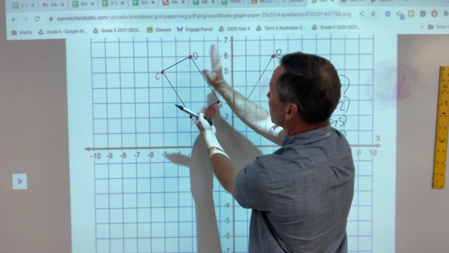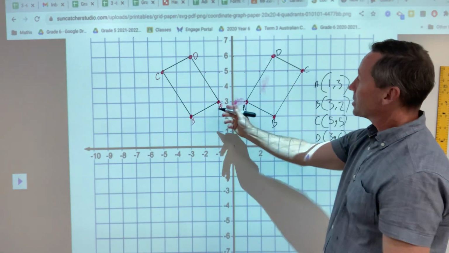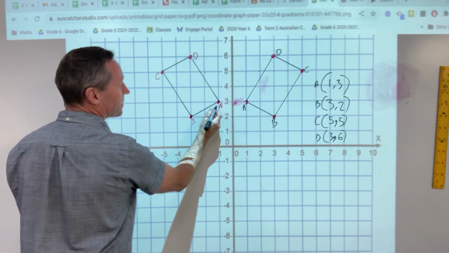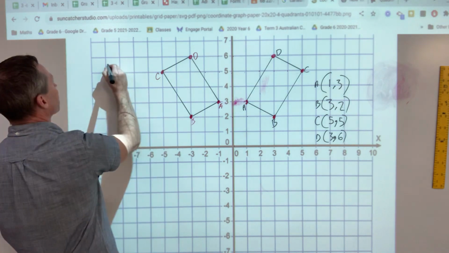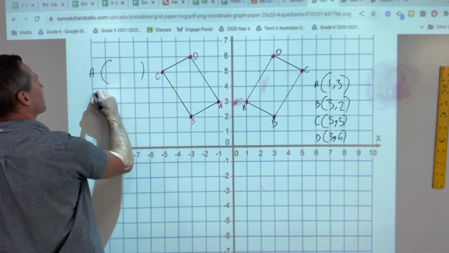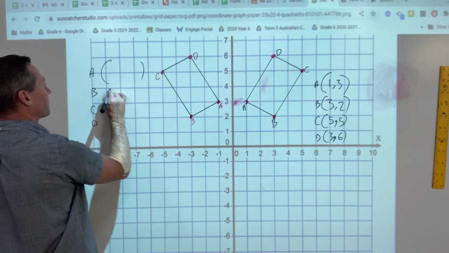This is what you would actually see in the mirror. So my new coordinates for my reflected rectangle would be A, B, C, D.